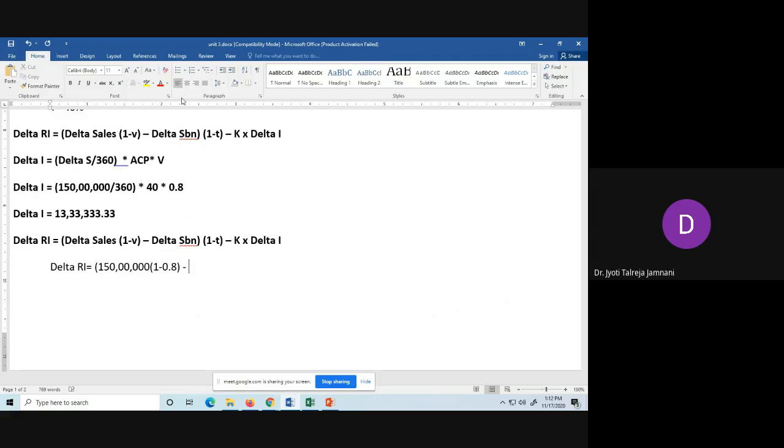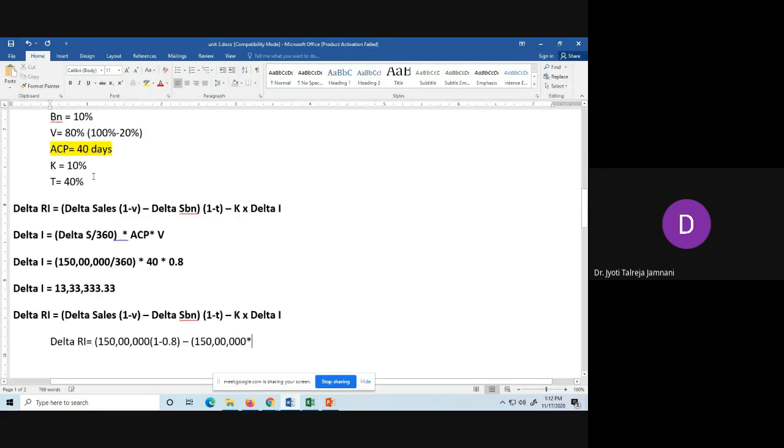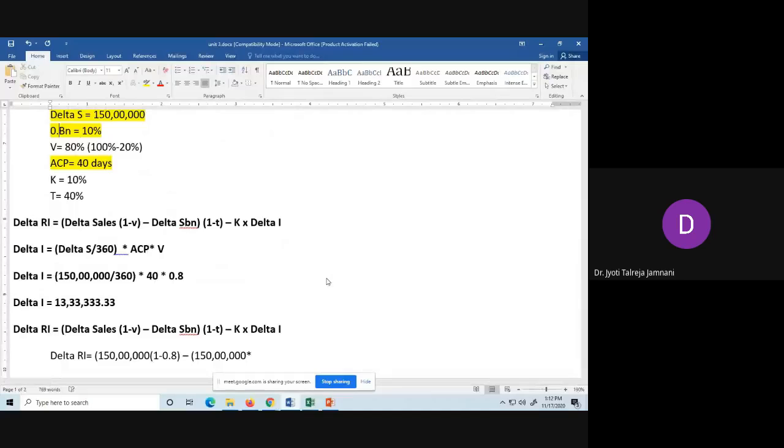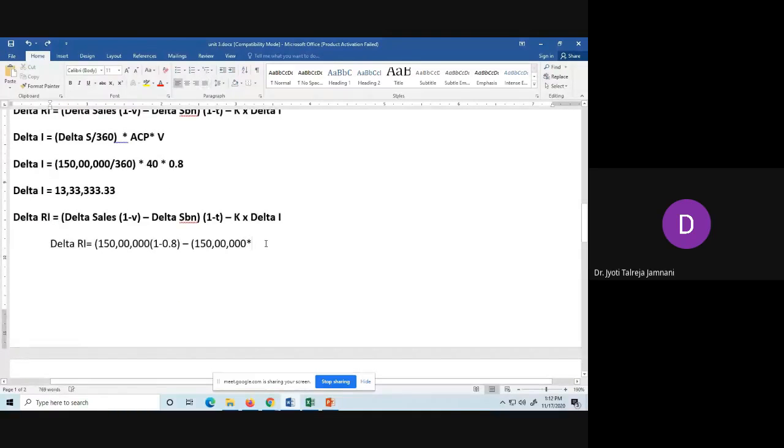Then you do minus delta S into BN. I'll take delta S in the bracket again here. Delta S is 150 lakhs into BN. BN is nothing but the bad debts, so that is 10%. So I'll take into 10%, which is nothing but 0.1.